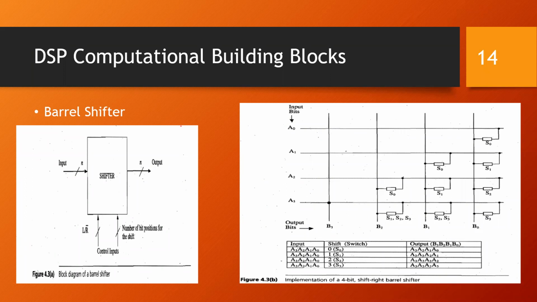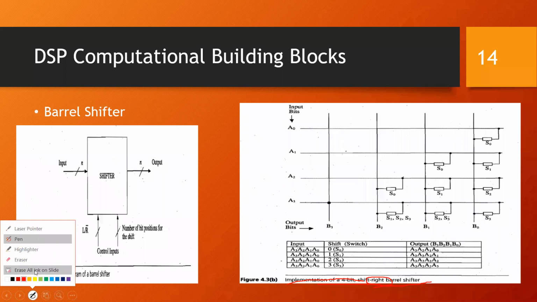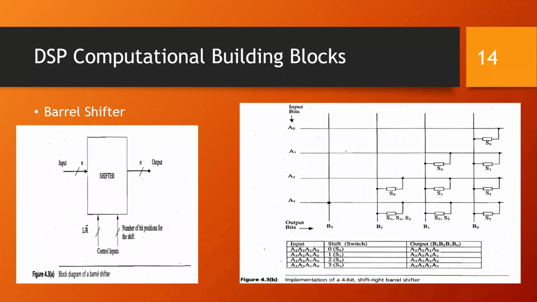In order to do that, we have one example shown here, that is implementation of a 4-bit shift right barrel shifter. The same thing can be applied for shift left. Before coming to this, let us look at the shifter.